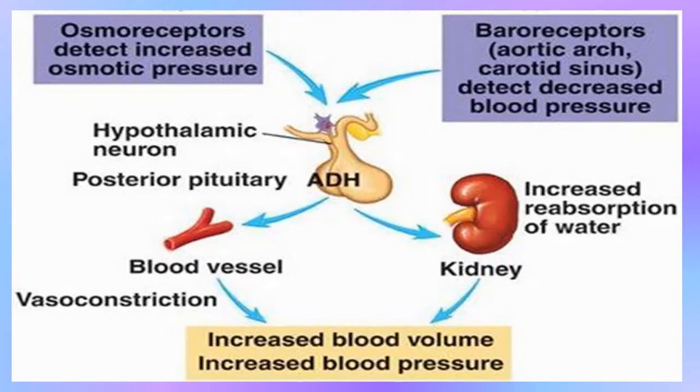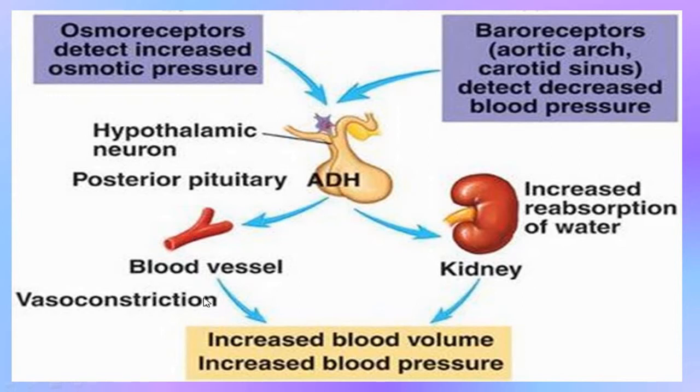This is another figure. A message is sent to the hypothalamus through the baroreceptors present in the auricles and in the carotid artery, and the hypothalamus then stimulates the pituitary gland, which then secretes ADH or vasopressin, which stimulates the kidney as well as the blood vessels.